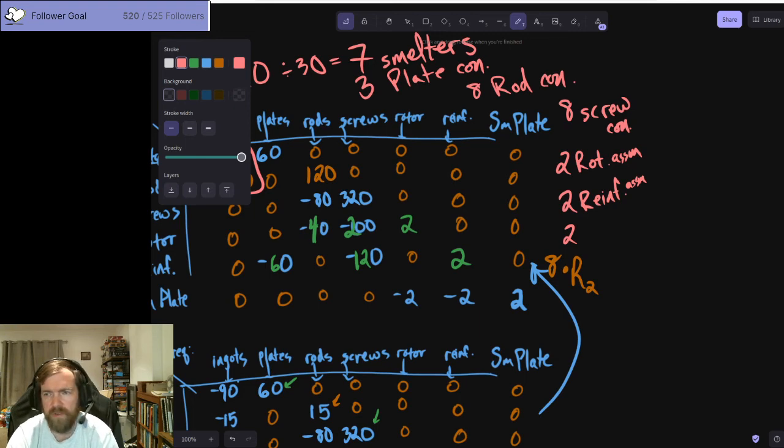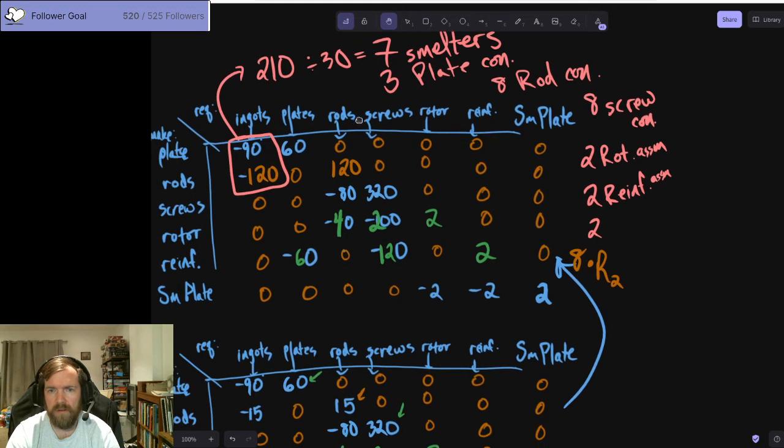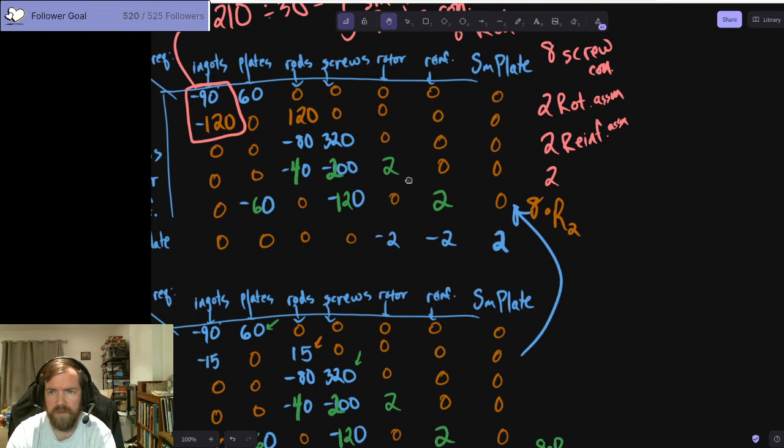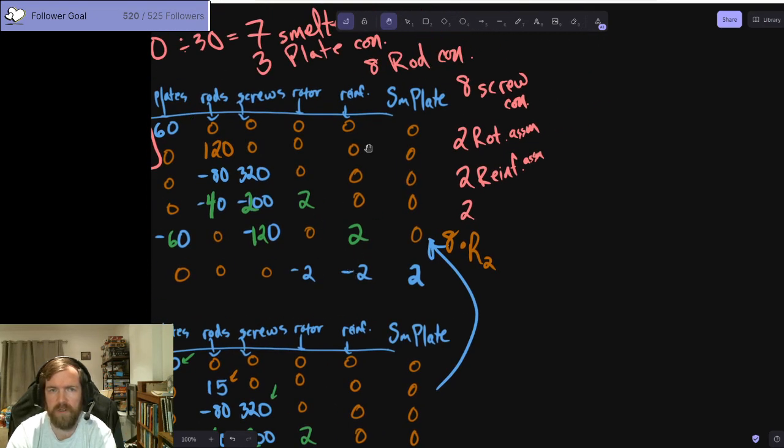I mean, we don't even need that. So that's actually less than 1 of those each. So we're technically good there. Right. No. Yeah, we only need 1 rotor, 1 reinforced. Because that's more than we need.